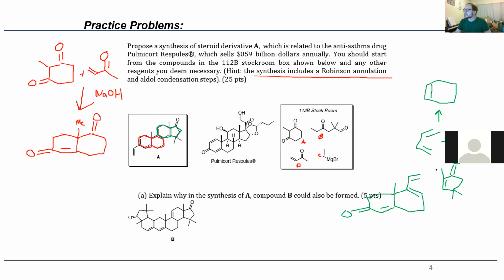And we recognize that this could be formed from the intramolecular aldol condensation of this molecule. So if you envisioned forming an enolate at this position selectively, you could form the 5-membered ring. That would eventually give you this product.